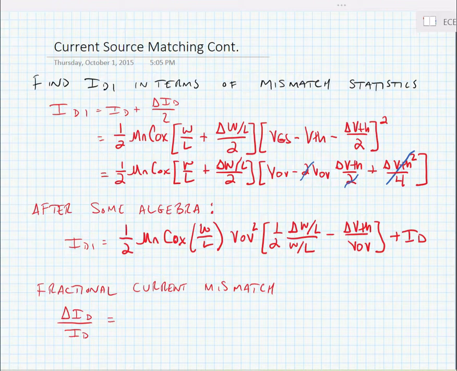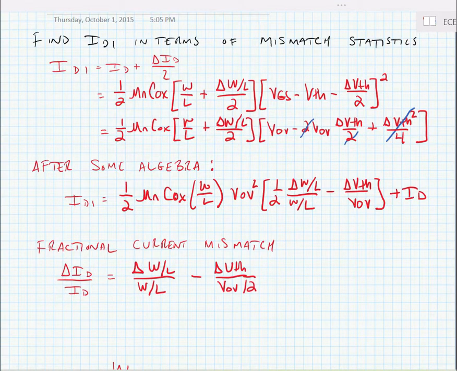So we can now express a fractional current mismatch, delta ID over ID. And here's our expression: delta W over L divided by W over L minus delta VTH divided by VOV, over 2. So here we have our geometric errors, and here we have our doping errors.